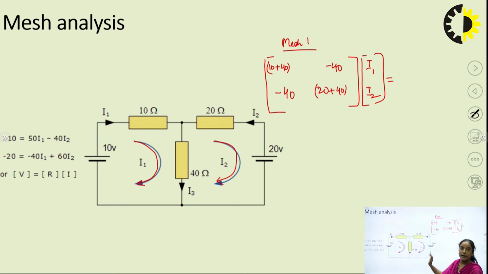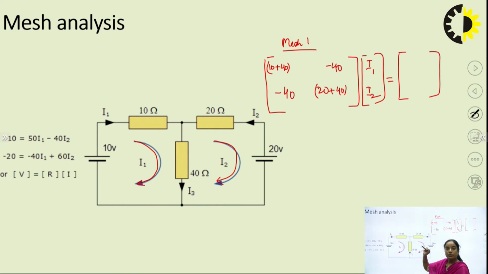Now for writing the values on this side, just see the direction of current through this source. In this, current I1 is circulating in this direction, which means it is going out from the positive terminal of the source.